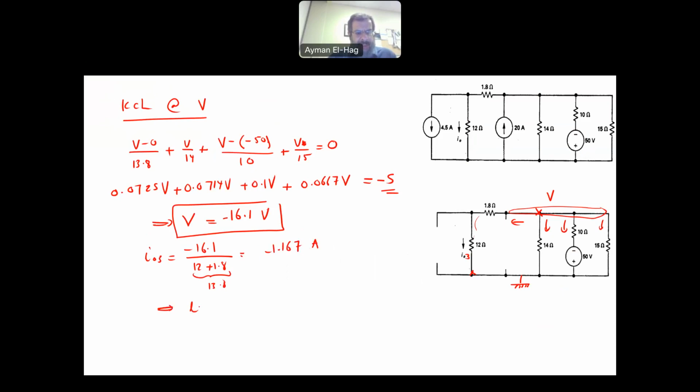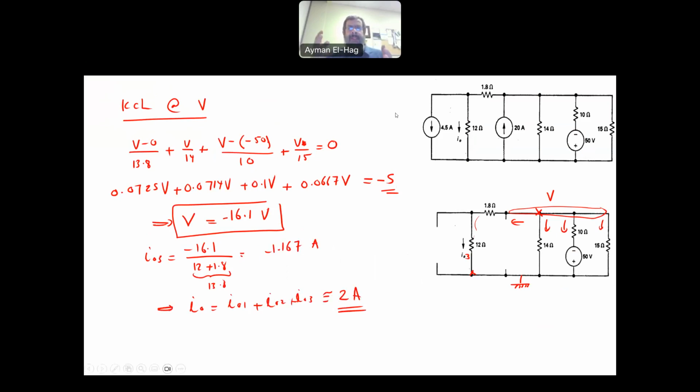So your total I0 equals I01 plus I02 plus I03, and this will give me around 2 amps. This is how to deal with the superposition theorem.